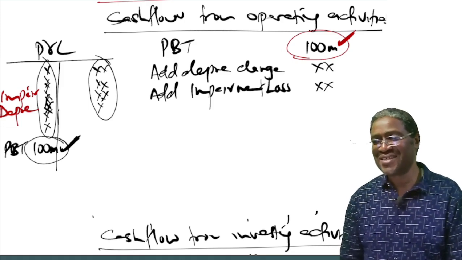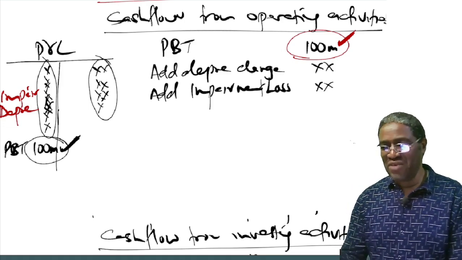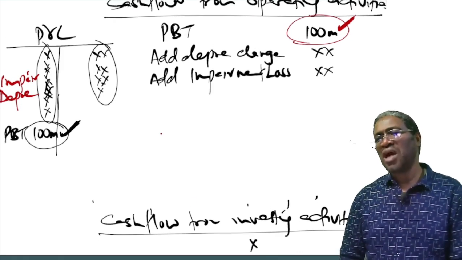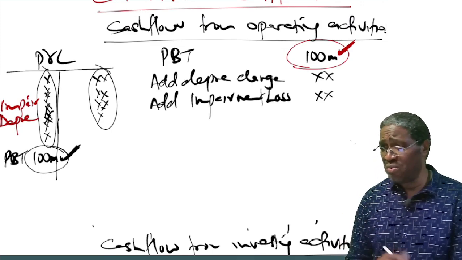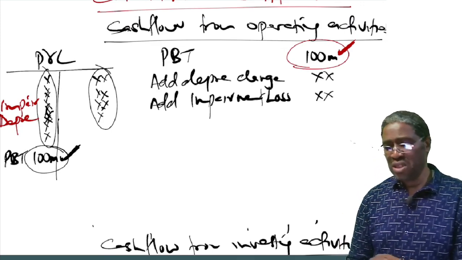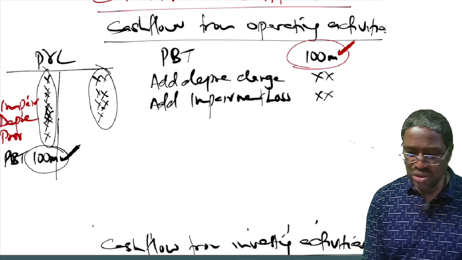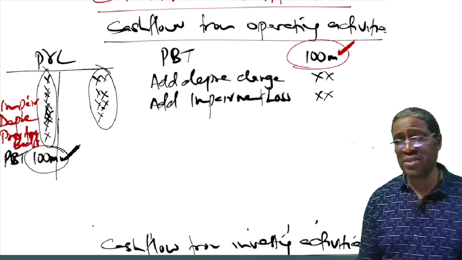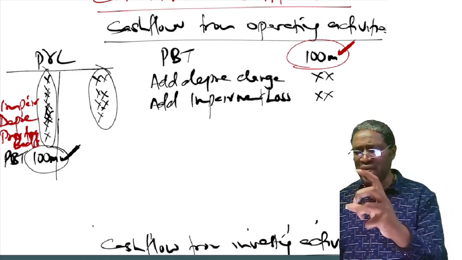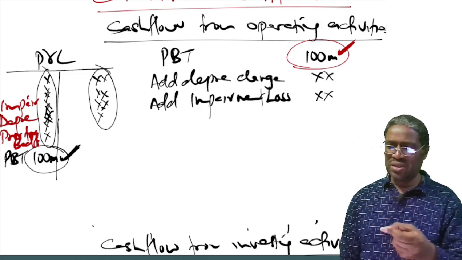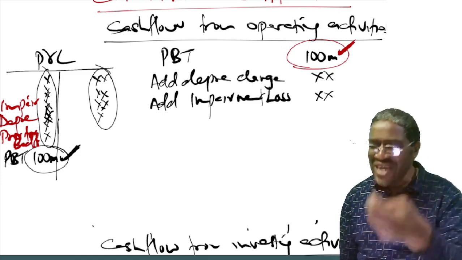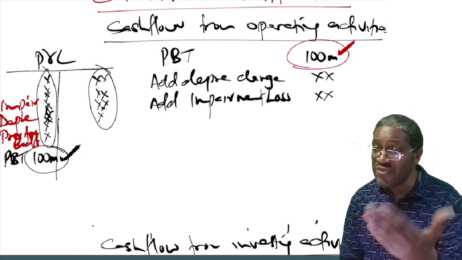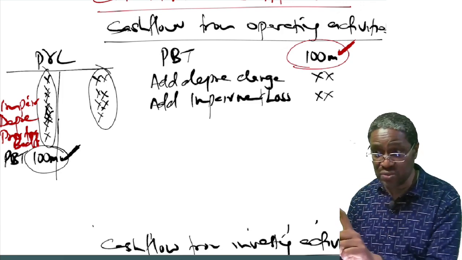Oh, yes. Okay. Let me give you another one as you think of another one. Now, among the other non-cash items you normally put in the P&L account is provision for bad debts. When you as a company anticipate that some debtors are likely not to pay you, you are required to provide for that expected loss.